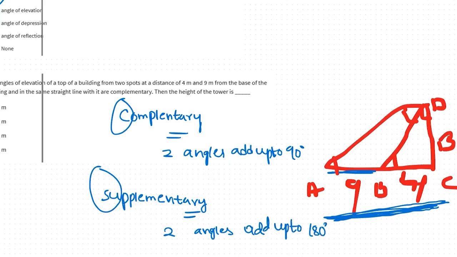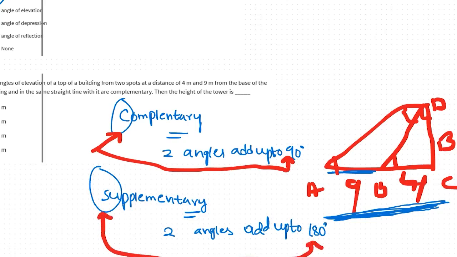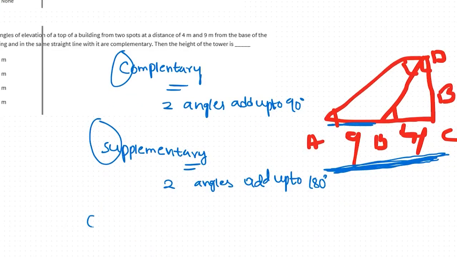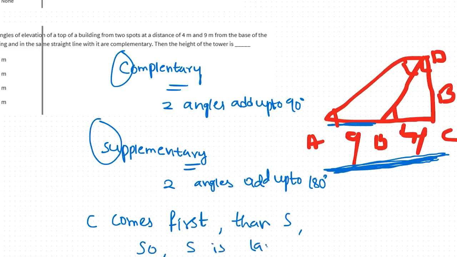C comes first, so C has the smaller value, 90 degrees. S comes next, so S has the larger value, 180 degrees. Like that you can remember.